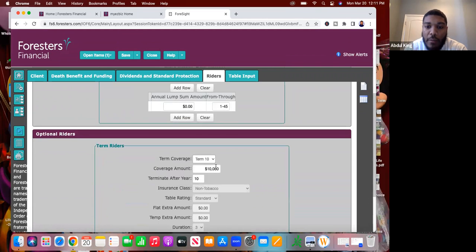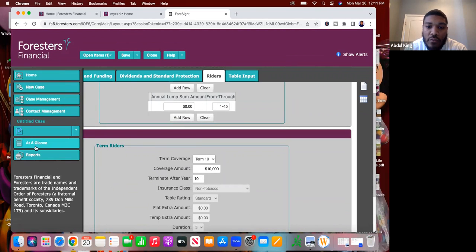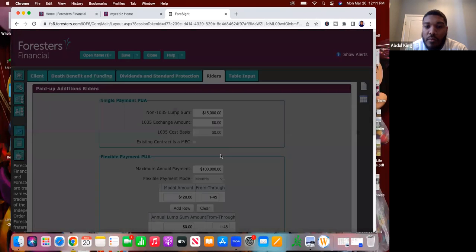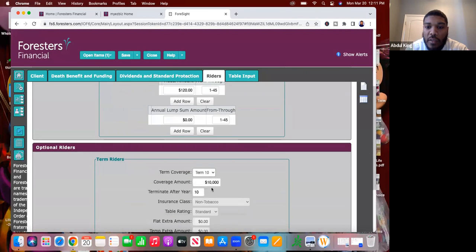And then we've got to have the term rider. We've got to fix that because you see it says it will MEC in 1 year. All this fix requires is that we keep increasing the term rider. So let's do like a $200,000 term rider.